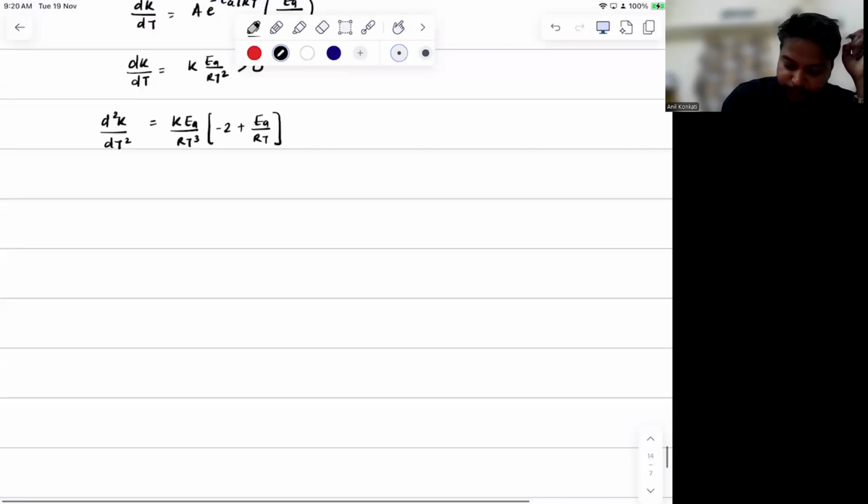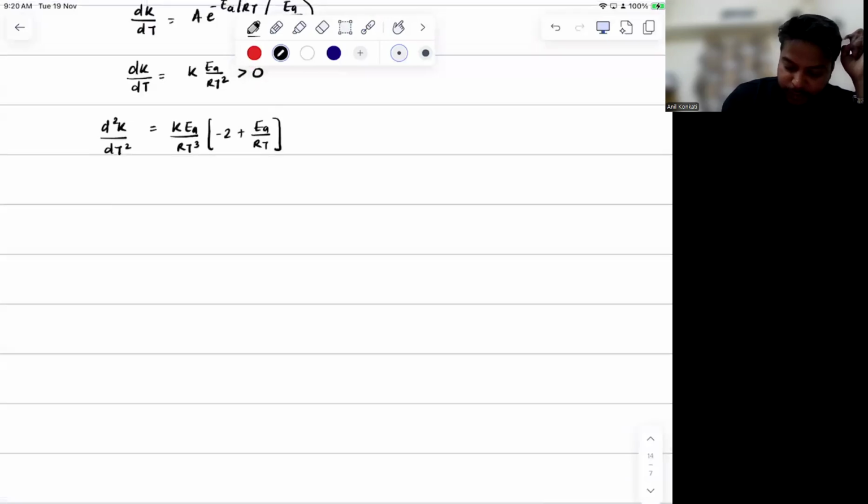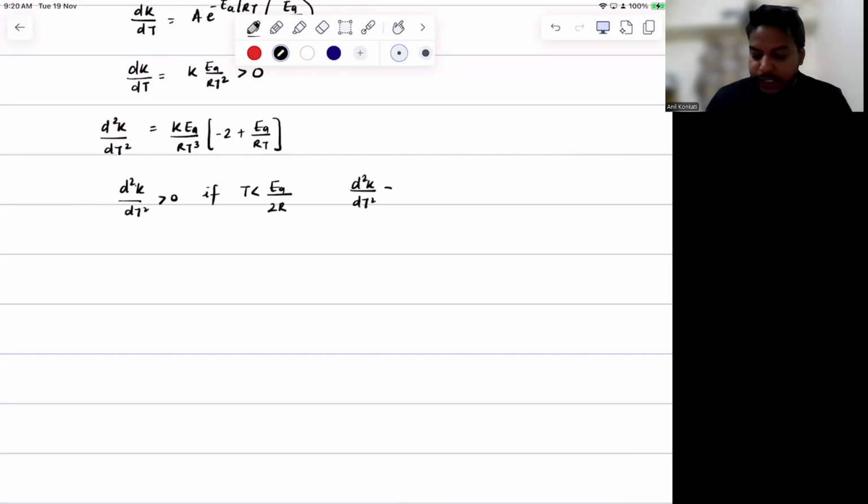The condition is that d square k by dT square will be greater than 0 if T is less than EA by 2R, and d square k by dT square will be less than 0 if T is greater than EA by 2R.